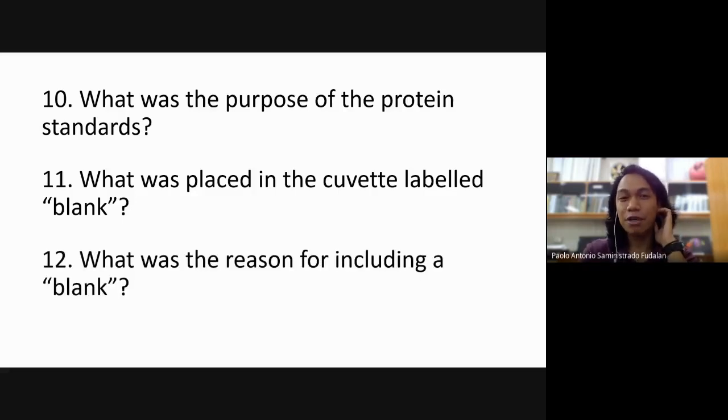And I think number 12, I already mentioned, the purpose is for negative control, okay? So that we would know what the color is in the absence of a protein. But there's still another reason. Can anyone mention it?